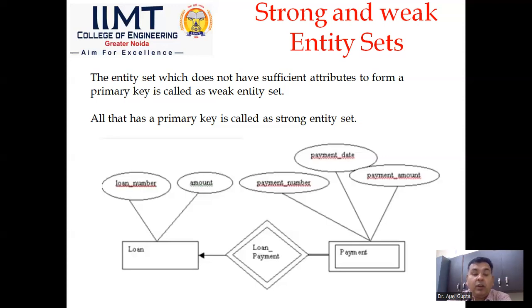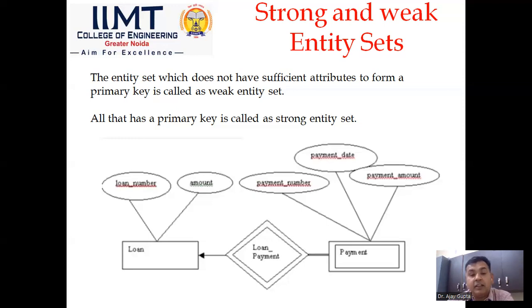So the loan number is different in both home loan as well as car loan. But in terms of payment, payment number one is in home loan also, payment number one is in car loan also, payment number two is in home loan also, payment number two is in car loan also. So from 1 to 60, there is the same payment number in car loan also, in home loan also.